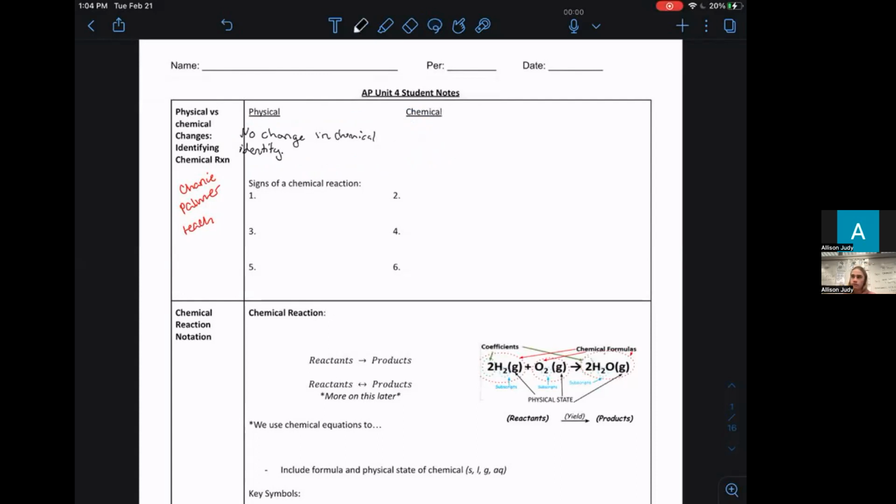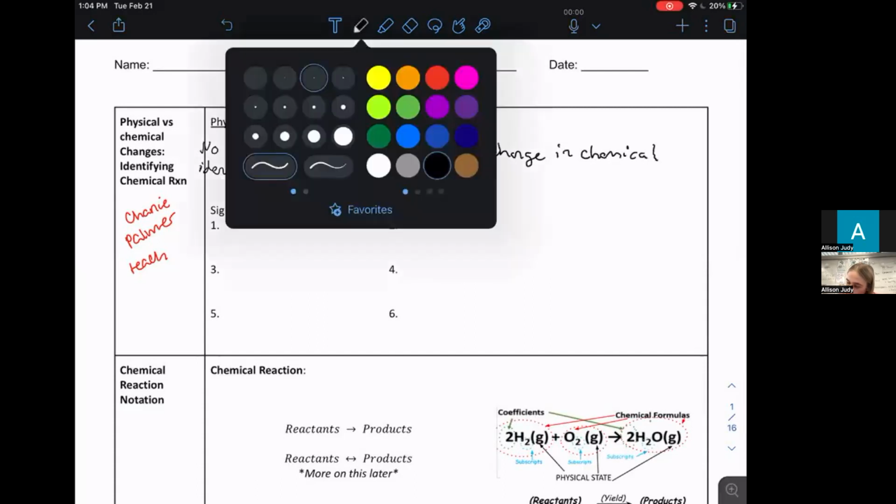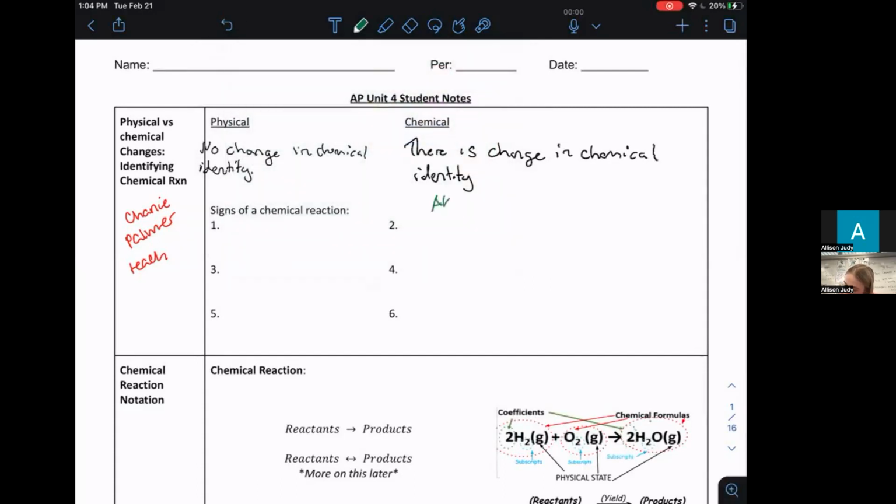A chemical change is when there is a change in chemical identity, obviously. This is also a chemical reaction.